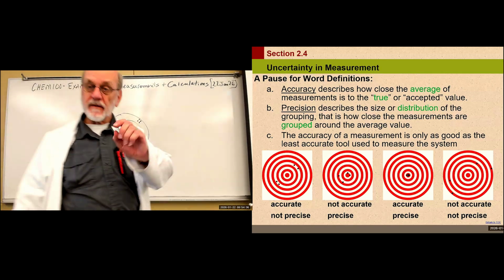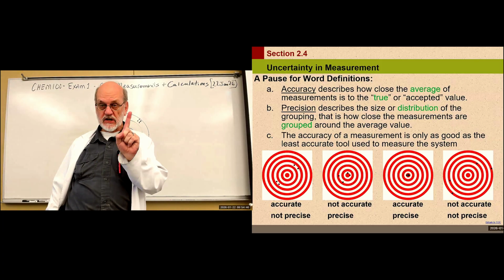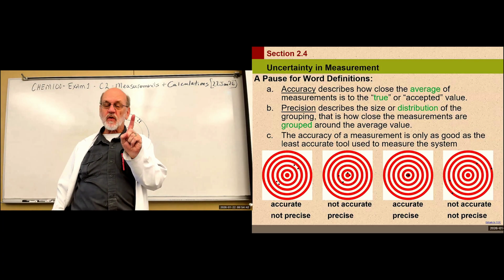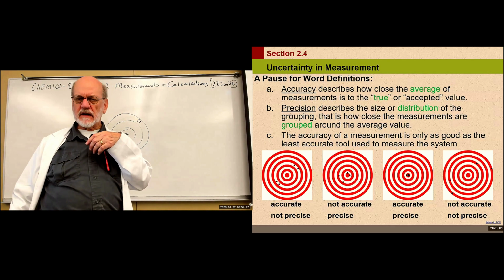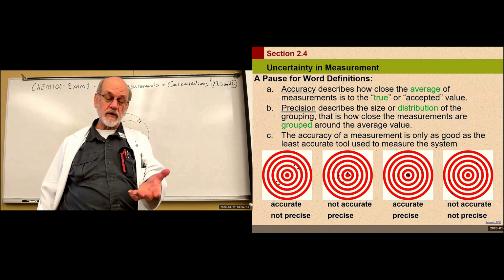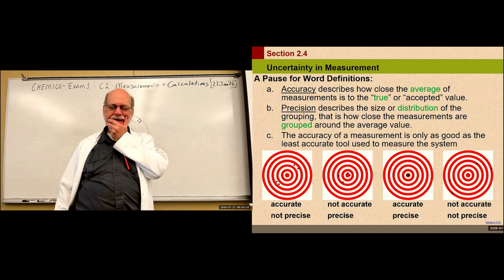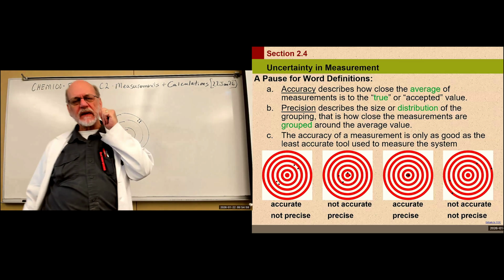Now for accuracy, you can say accurate with 1 measurement, but precision requires more than 1 measurement. And usually more than 1 measurement is used for determining accuracy also. Okay.